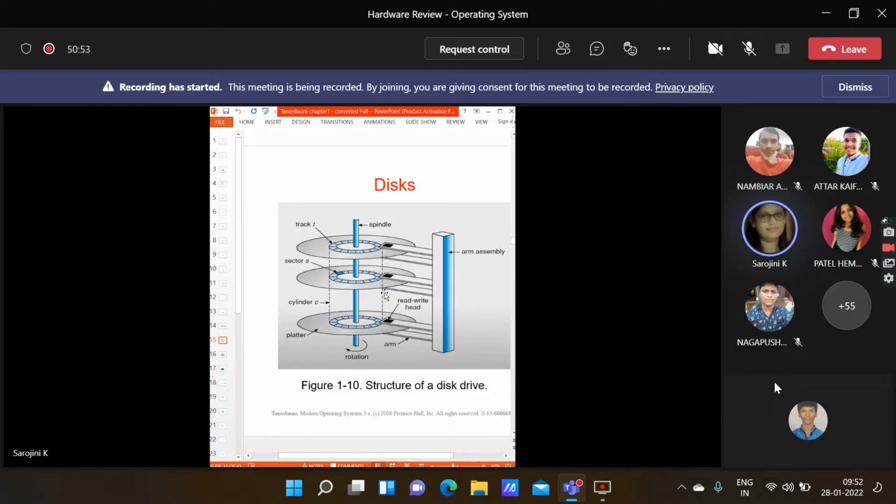For example, there is a chunk of data, and all the data bits inside the chunk are related. Assume that you can't store the entire chunk in a single sector. So how will it be stored? It will be stored in this sector, and then the continuation will be stored in the same sector of the next disk, in the same cylinder, and then again in the same sector of the next disk.